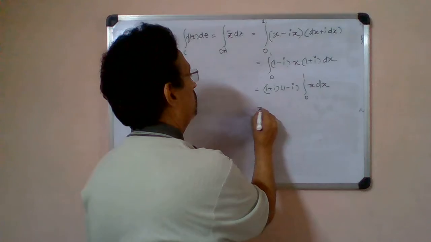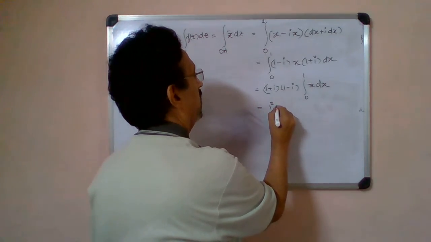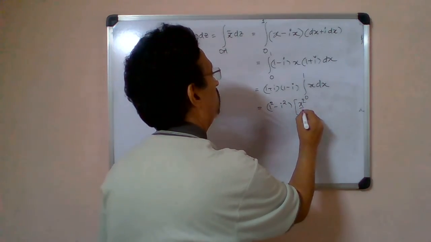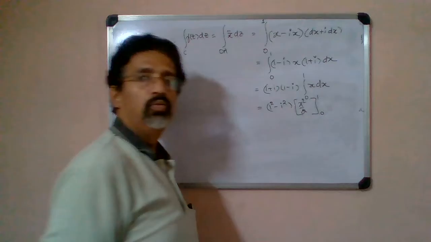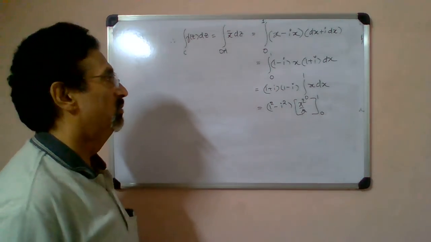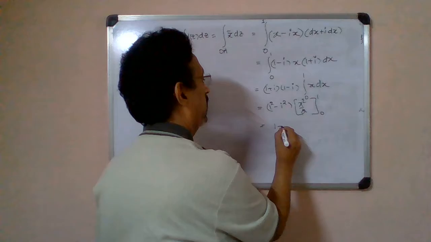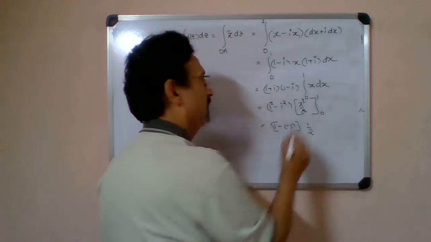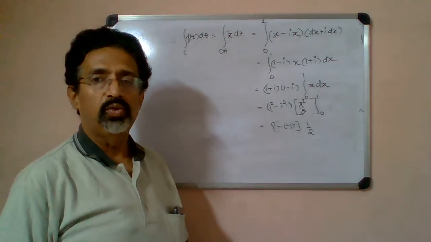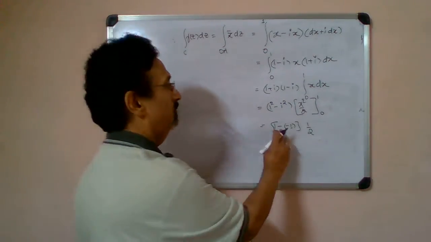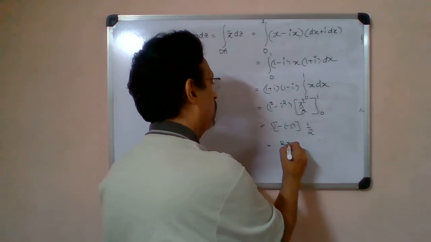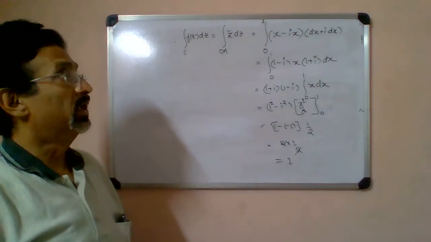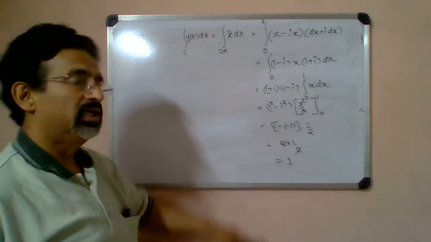So (1 plus i)(1 minus i) is 1 squared minus i squared times x squared by 2 from 0 to 1, because the integration of x dx is x squared by 2. So this is equal to 1 minus minus 1 times 1 by 2, because x squared by 2 from 0 to 1 is 1 by 2. So 1 minus of minus 1 means 1 plus 1, it is twice 1 by 2, the 2 cancel, so I get the value as 1. Therefore, the integration over C of f(z) dz is 1.